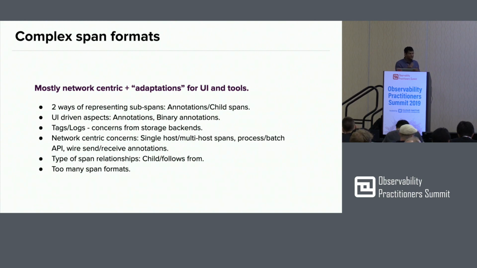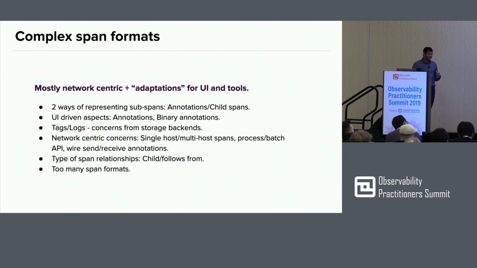And then there are some UI-driven aspects to these spans. For example, Zipkin has annotations and binary annotations. What's the difference? Annotations are sub-events in a span that are shown in the UI, whereas binary annotations are the same thing, but they're not shown in the UI because they're supposed to have binary data, right? And there are logs and tags in these spans.